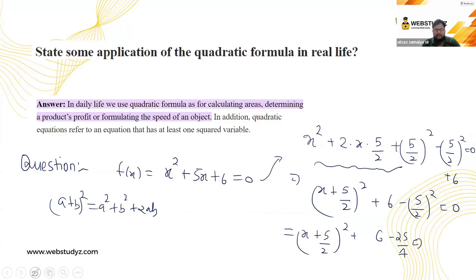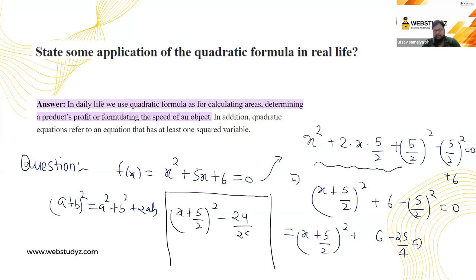So this we can write it here. X plus 5 by 2 whole square minus 1 by 4.